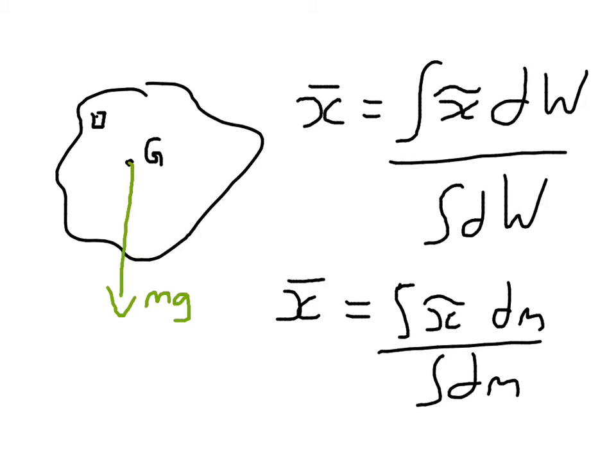And we can do the same thing replacing with dv and find a geometric centre. So to find a centre of gravity, we use our top equation. To find a centre of mass, we use our bottom equation. This is just the x-coordinate example I'm showing you. And for a centroid position, a geometric centre of a shape, we would replace that with a dV of volume or dA in area, depending on if it's 2D or 3D.